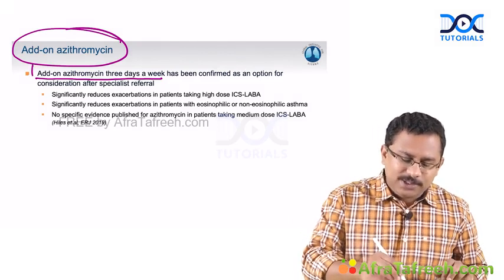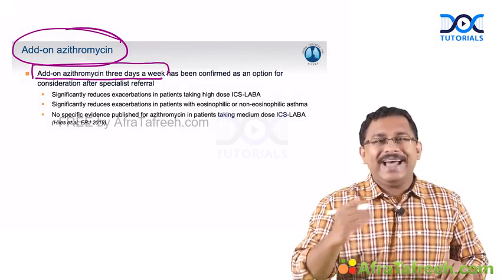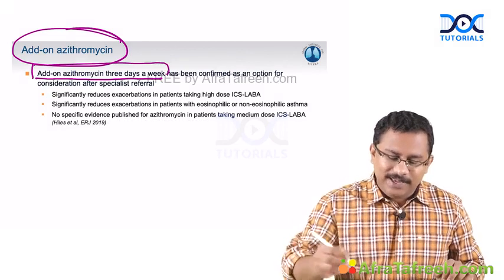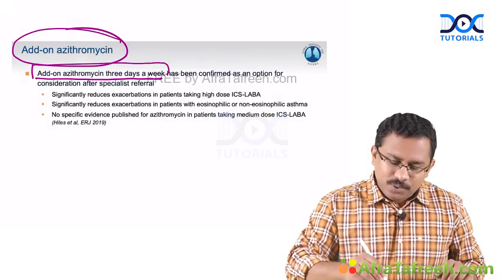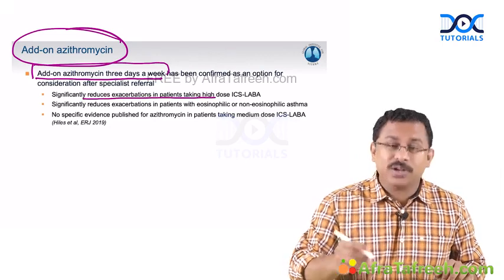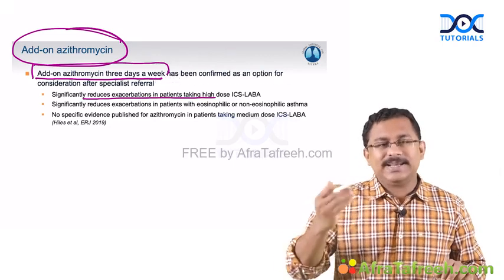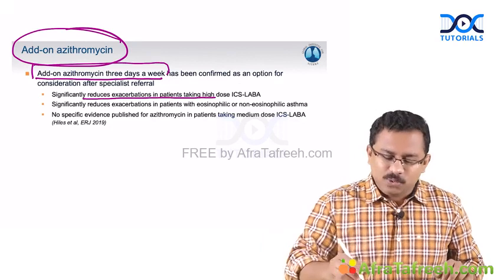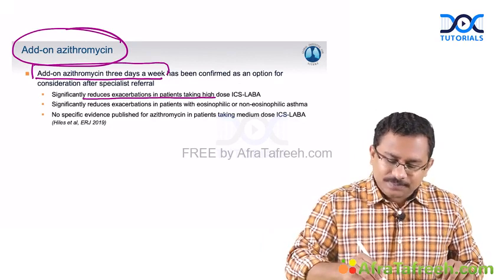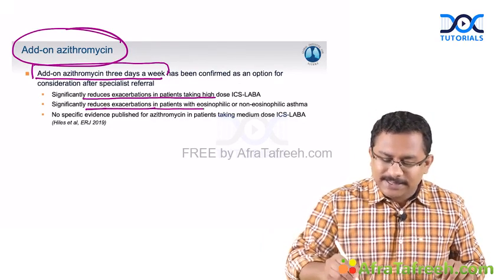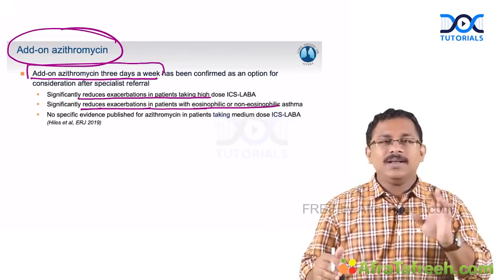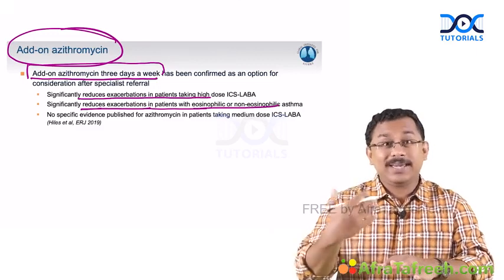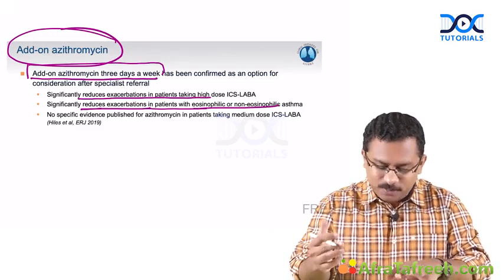In patients with step 5, you can think of azithromycin 3 days a week as well, because it has been shown in trials to reduce exacerbations in patients who require the higher dose medications. Naturally, the higher step patients would require higher dose medications, and it significantly reduces exacerbations in patients with eosinophilic or non-eosinophilic asthma. So that is actually important. You can give the patient add-on azithromycin.